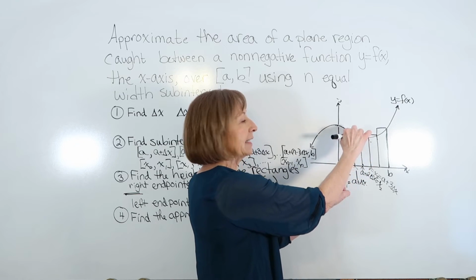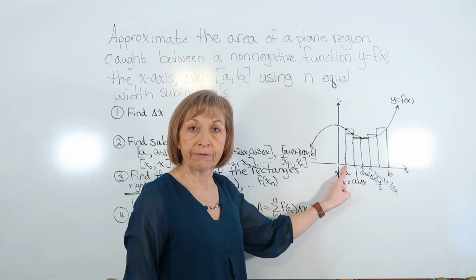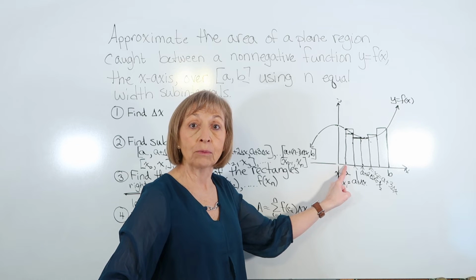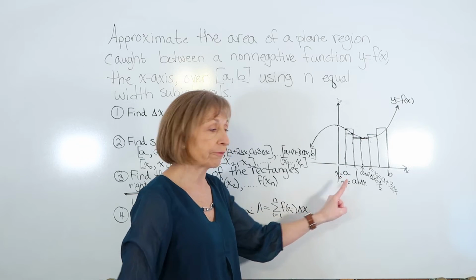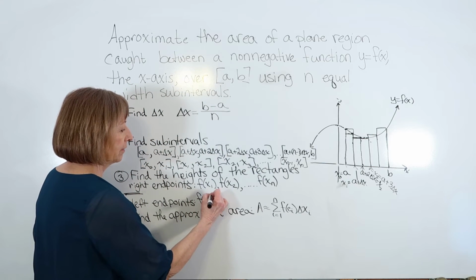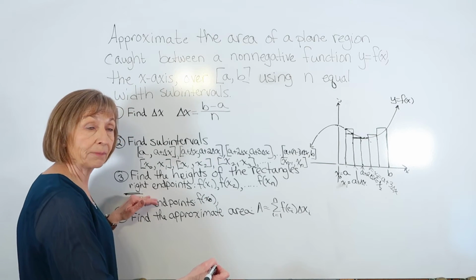So this height is the output at the left endpoint, which I get by running the left x value through the function. So this is my f of x sub 0 for the first rectangle height using the left endpoint.